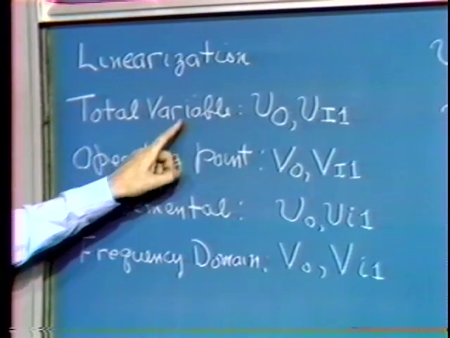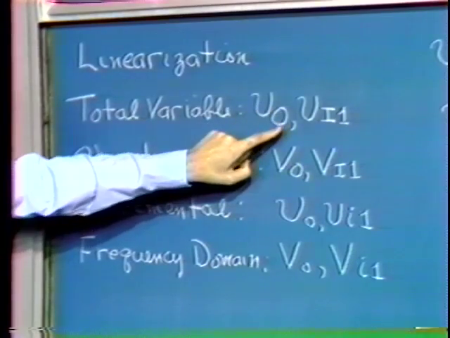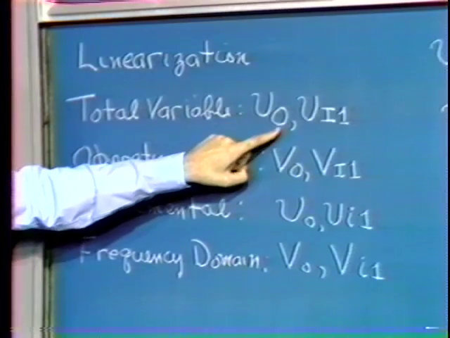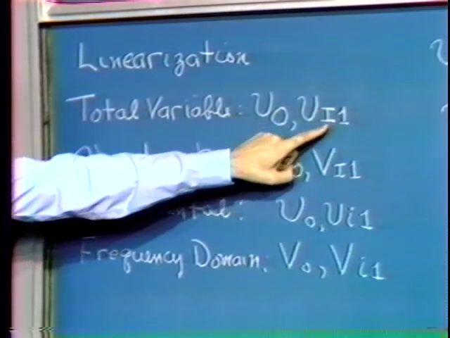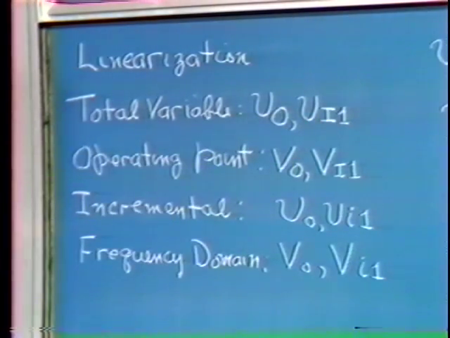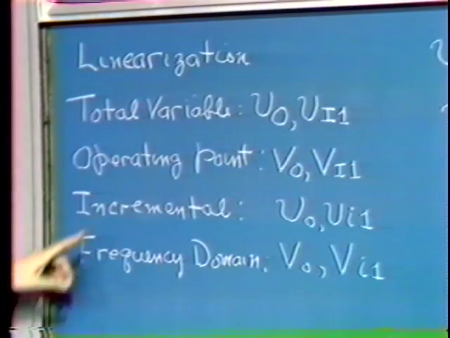We have a total variable which consists of a lowercase variable with a capital subscript. So we might have lowercase v sub cap O to indicate an output voltage, lowercase v sub cap I1 to indicate a first input voltage. So that's the total variable indication.